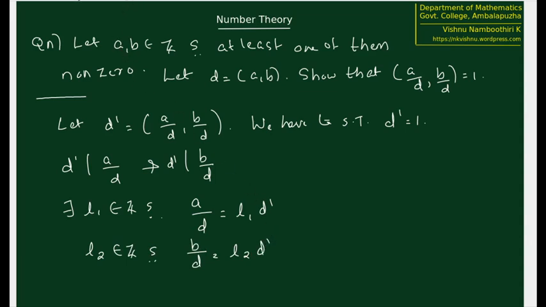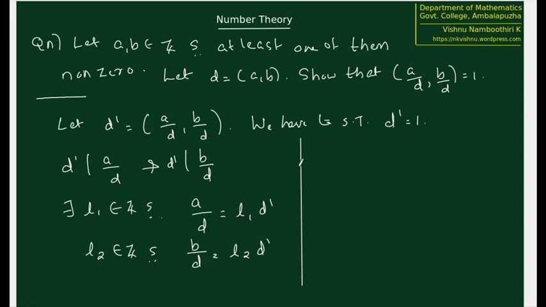We now have to make use of the fact that d is the GCD of a and b. But here we don't see any d. Instead, we are seeing a by d and b by d. If we want to use d and its connection with a and b, we need to bring a and b to the left side and d to the right side.